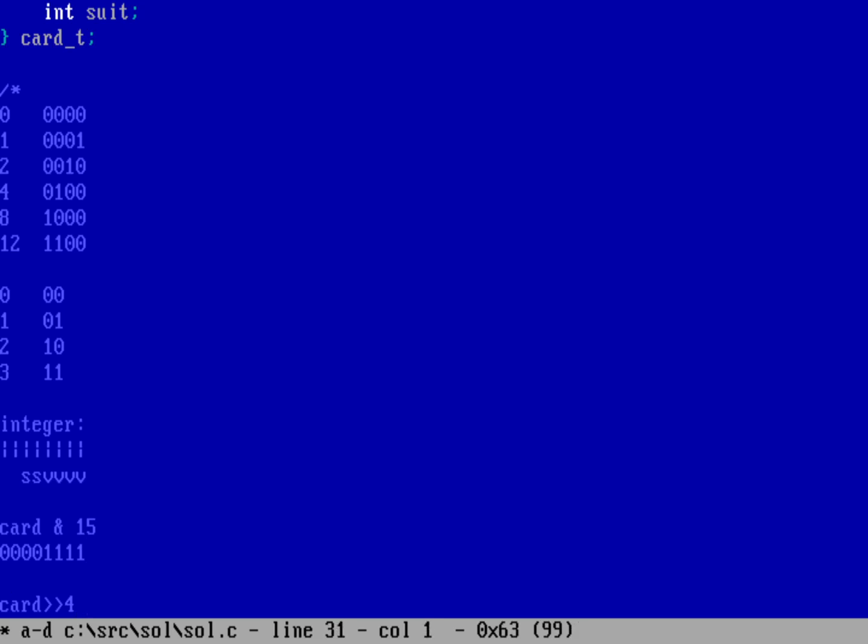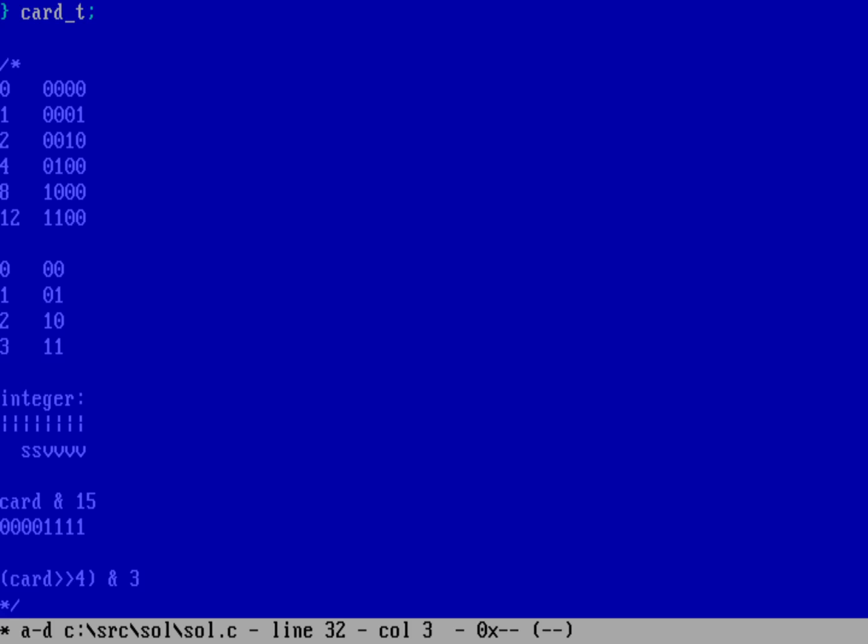And if I did that and then did the binary AND with just 3, that allows me to only pick off those 2 bits that are used for the suit. So if I wanted to make this a super optimized program that was doing away with as much memory as I didn't need to use, this might be one way to do it.